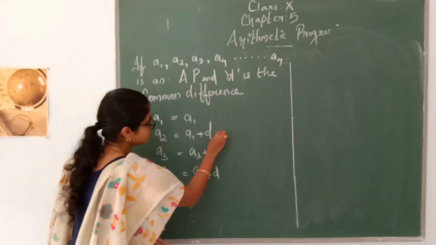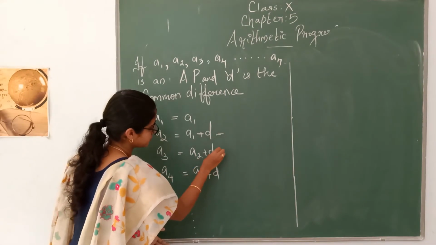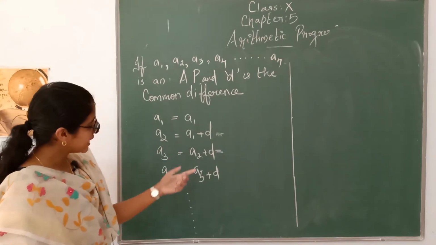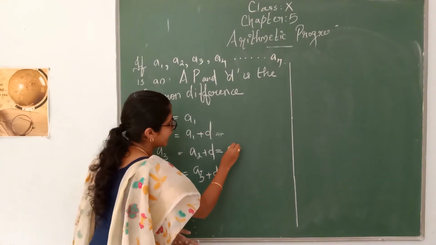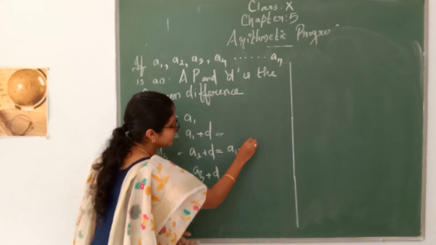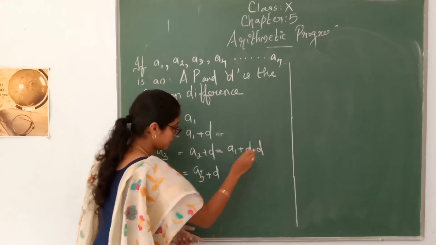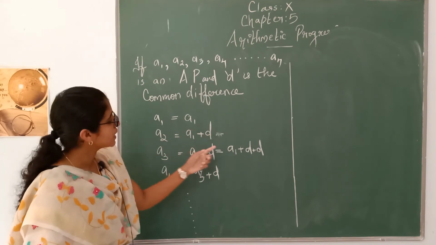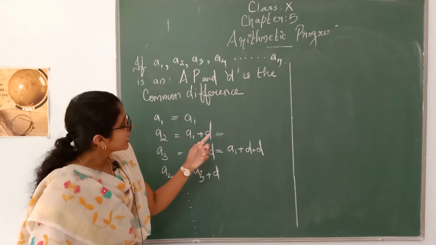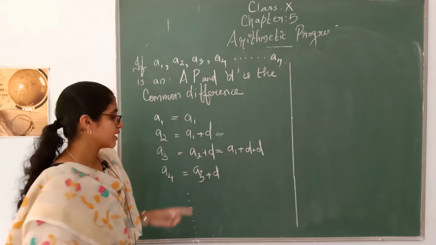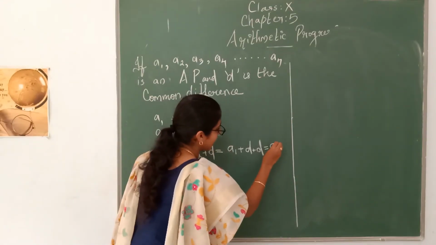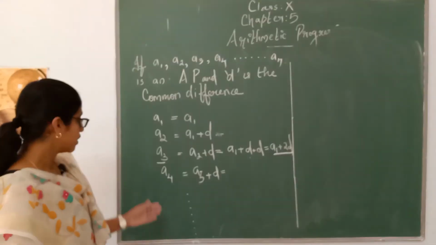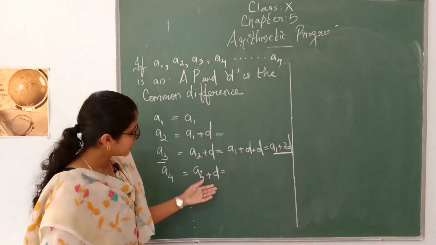Also, we can write a3 equals a2 plus d, which is a1 plus d plus d, because a2 is equal to a1 plus d. So this one is a1 plus 2d. a4 is equal to a3 plus d.